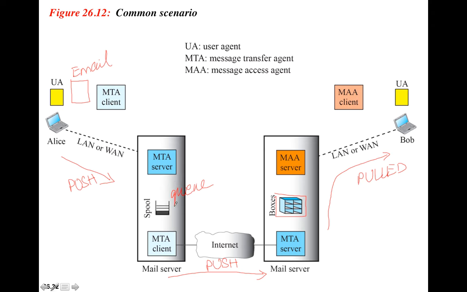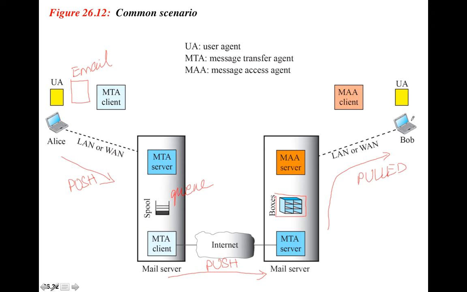But the mail server will always be on, because the mail server is waiting for clients to contact it, to send the messages. Similarly, in here, the mail server is on all the time because it is receiving the emails, and it is also waiting in case a client contacts it to retrieve their emails. So the mail now comes and sits in Bob's mailbox in the mail server.